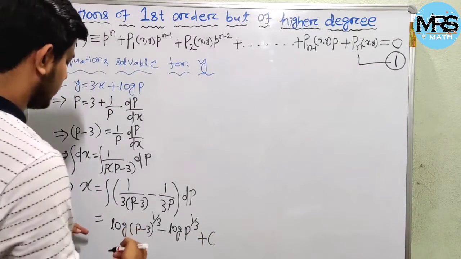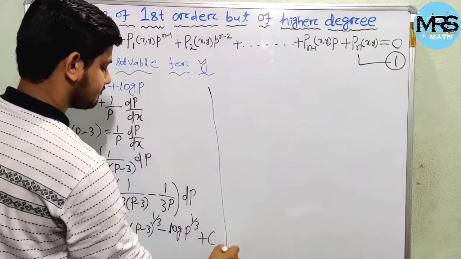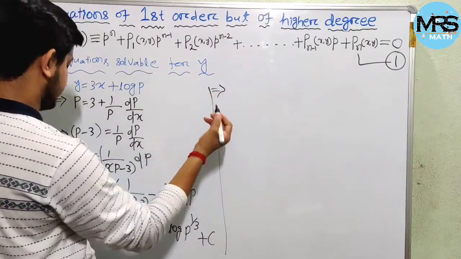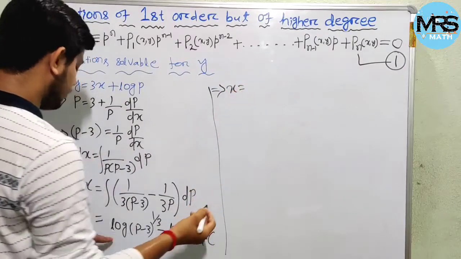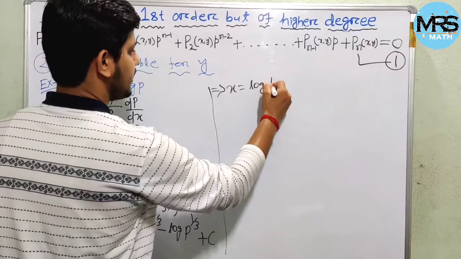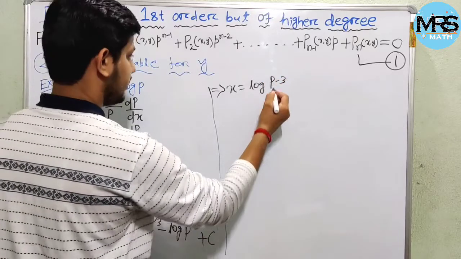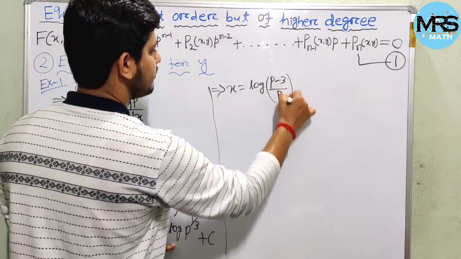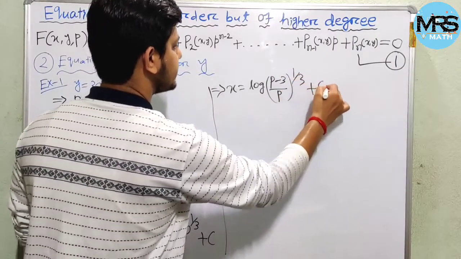So we get x equal to log of p minus 3 over p, whole to the power 1 by 3, plus c.